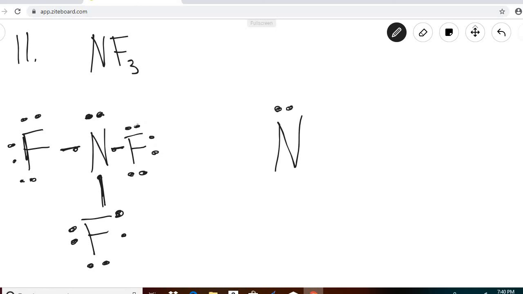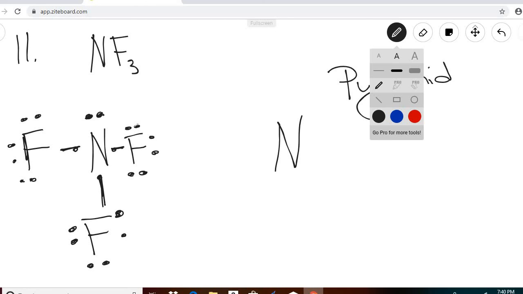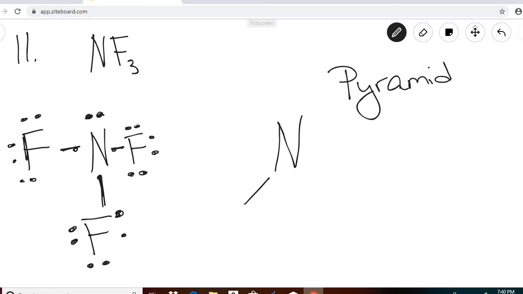And therefore, the shape is going to be pyramid. And we would picture that then as, this is how we draw a pyramid shape. And then the dotted line this way.